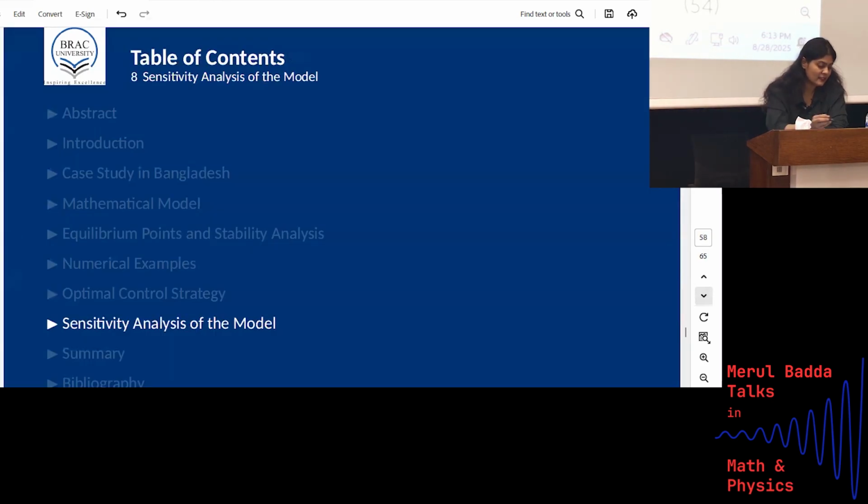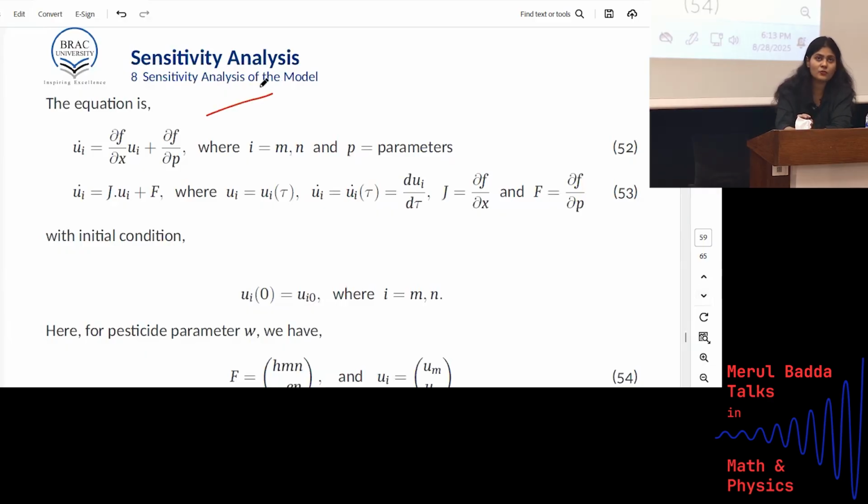Sensitivity analysis. In our sensitivity analysis, we describe how any parameter can affect our model. The parameter we consider for the sensitivity analysis is the pesticide parameter, which is W. Here X or I is the state variable.